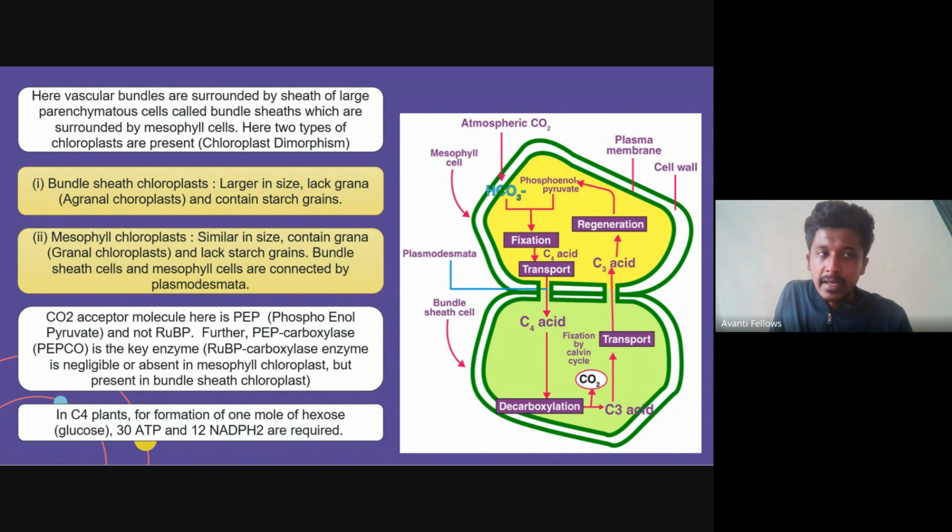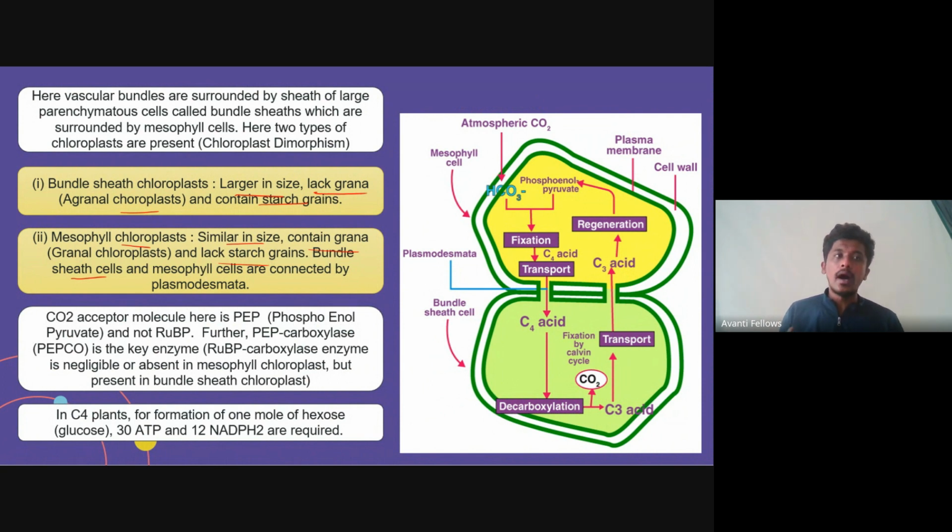Around the bundle sheath cells are the mesophyll cells. The characteristics of the cells are very important. The bundle sheath cells are large in size, with large agranular chloroplasts, and they contain starch grains, with very little intercellular space. The mesophyll cells are similar in size, contain grana, and lack starch grains. They have bundle sheath cells around them.